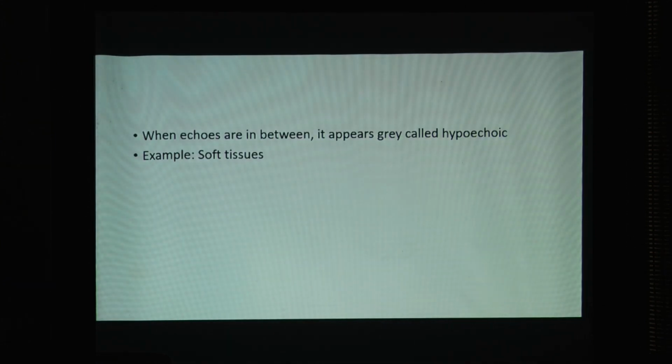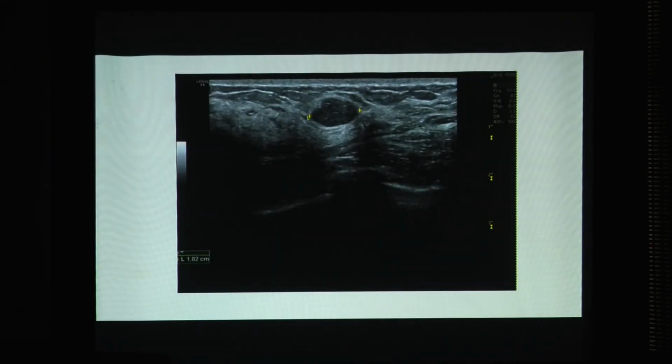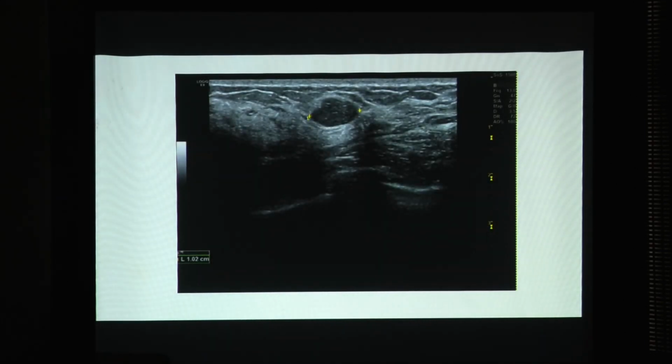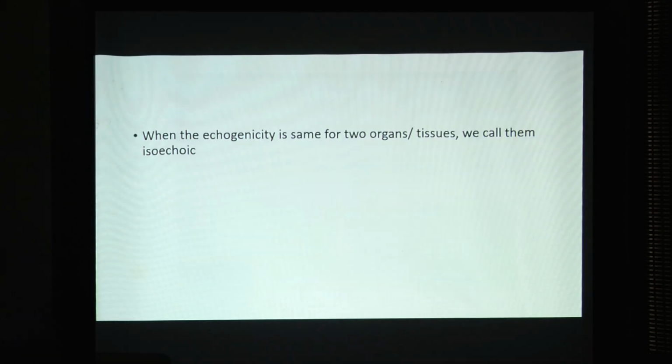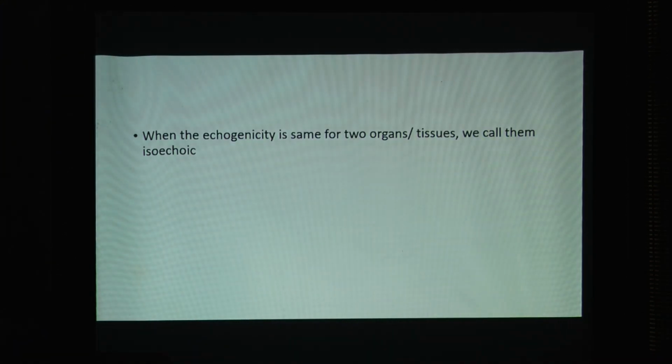When the echoes are in between, we call it gray, or you can say hypoechoic. Example, the soft tissues. This is a breast ultrasound with a fibroadenoma, hypoechoic. When the echogenicity is same for two organs, we call them isoechoic.